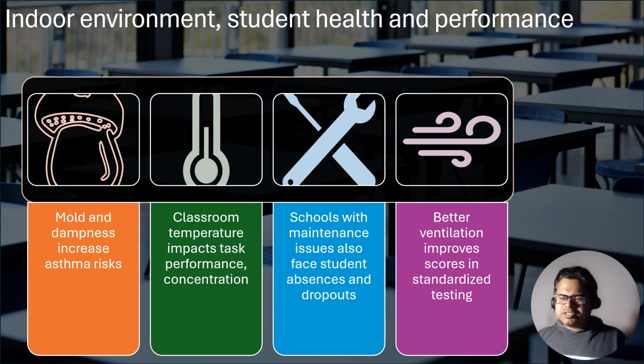Small changes in temperature, even if they do not appear to be very big, can impact task performance and concentration, thus affecting your ability to learn. Schools that have major maintenance backlog have been observed to have more issues with students missing classes and annual dropouts, and children in classrooms with high outdoor air ventilation rates have been seen to have better scores at standardized tests.